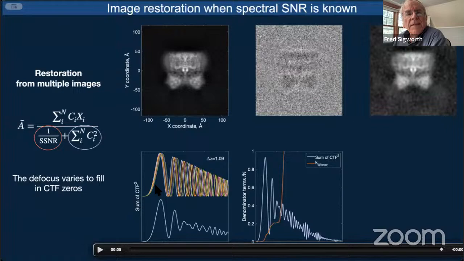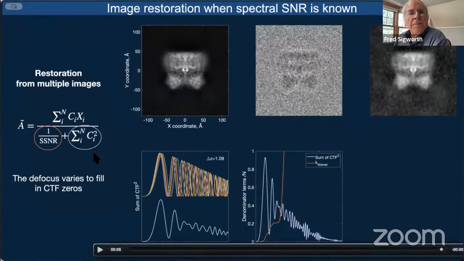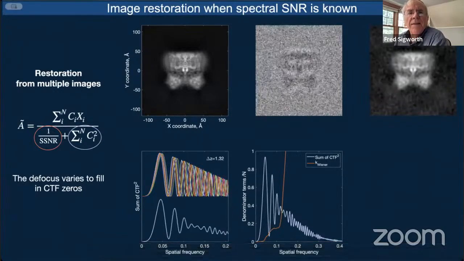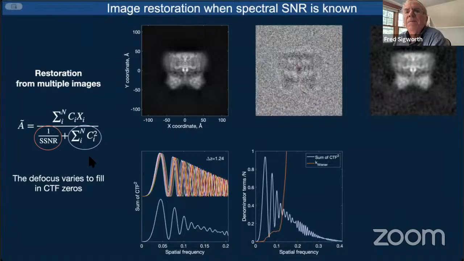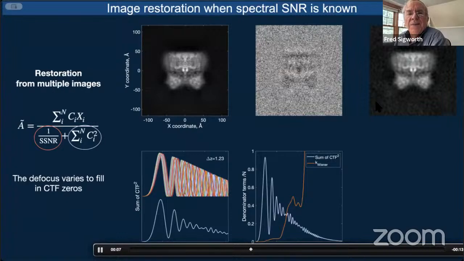And relative to the CTF squared, this K Wiener term starts to get smaller. And as the red term gets relatively smaller, then we're getting closer and closer to doing a good deconvolution.